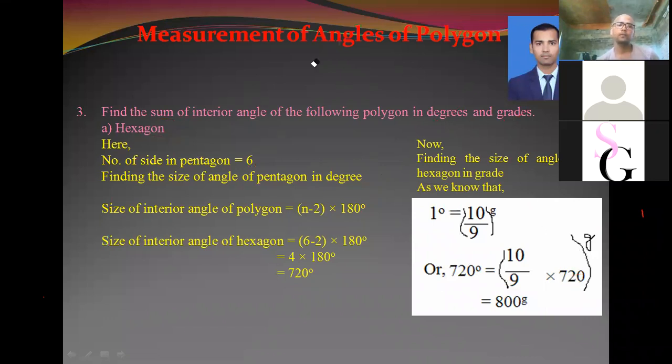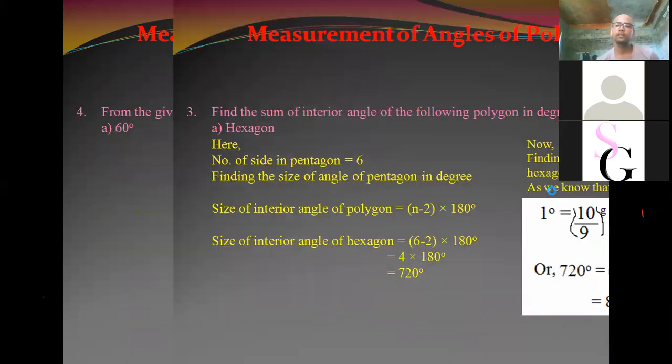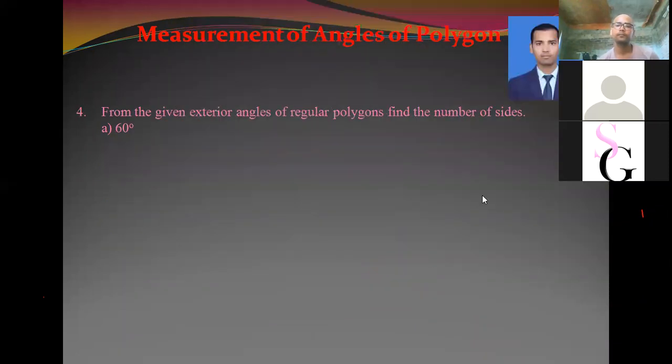I hope you understood the solutions. In the same way, we have the fourth question that you can see on the screen: from the given exterior angle of a regular polygon, find the number of sides.